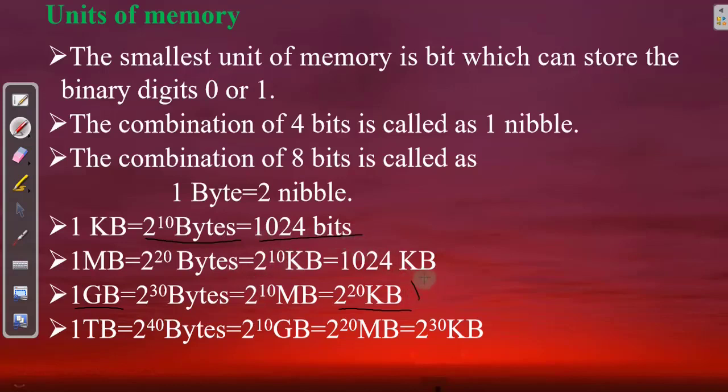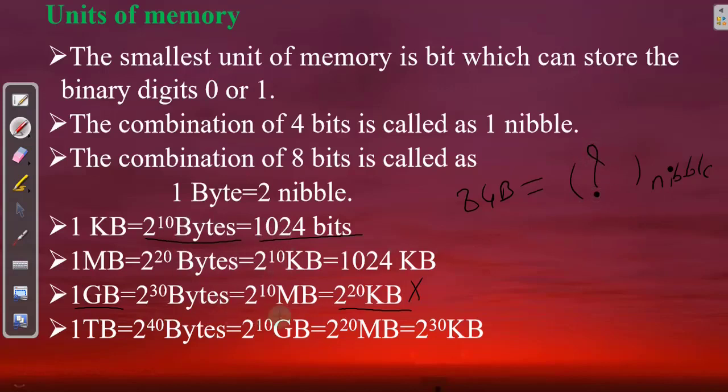So you have to actually just multiply here. Are you getting my point? The question can be anything. It can be like this also, like 8 GB is equal to how many nibble? This can also be a question. Getting my point?